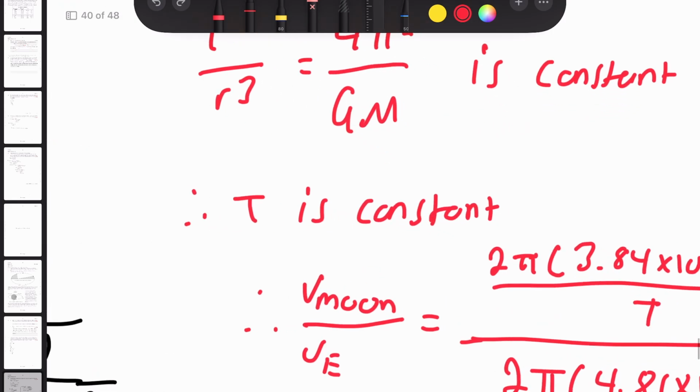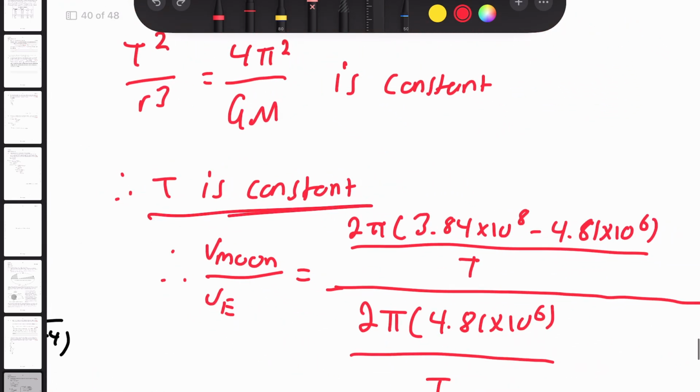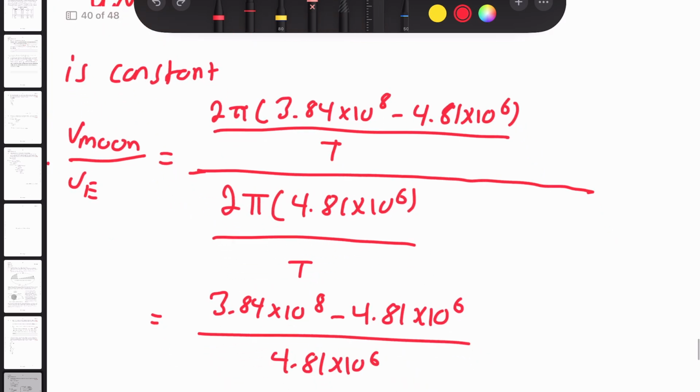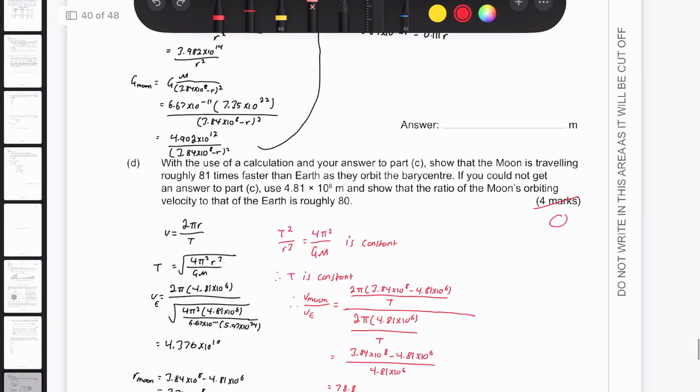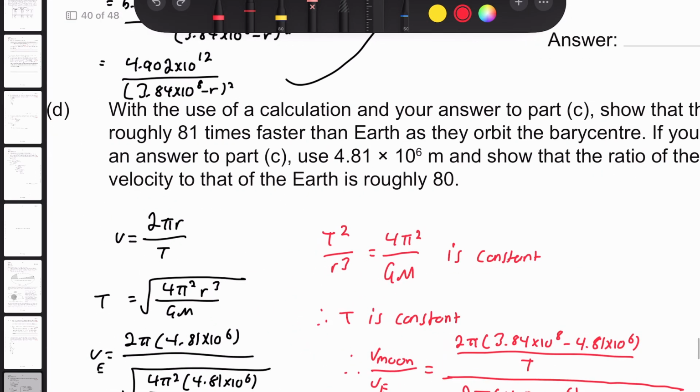And since we have a new barycenter for central mass, T is constant, so we can just do this, which is the 2 pi r over T of the moon over the 2 pi r over T of the earth. You see that these T's cancel, the 2 pi's cancel, so all we're left with is essentially the radius from the barycenter to either the moon or the earth, and they will be 78.8, which is roughly 80. So I got zero marks there.